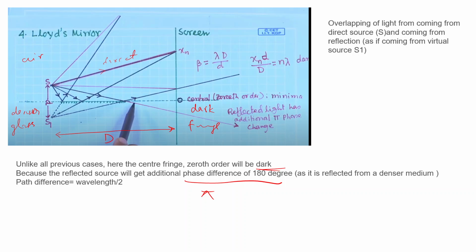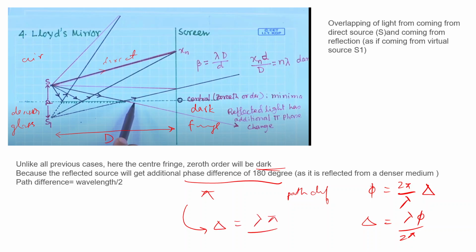This is known to happen. We know phase difference is 2 pi by lambda times path difference, so path difference is lambda by 2 pi times phase difference. If the phase difference is pi, the path difference will be lambda by 2.